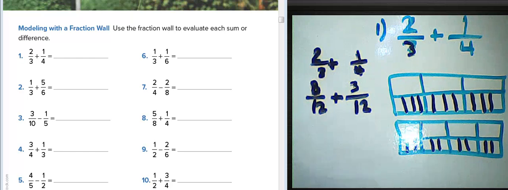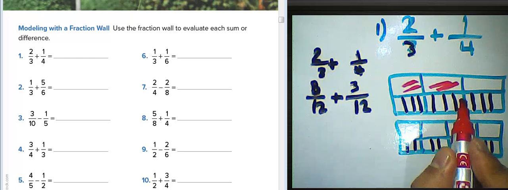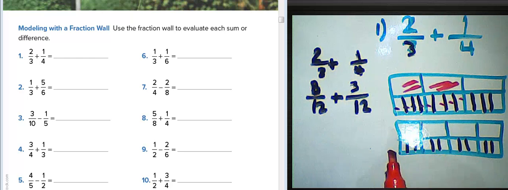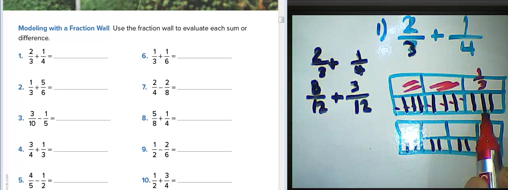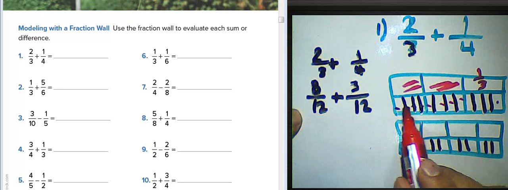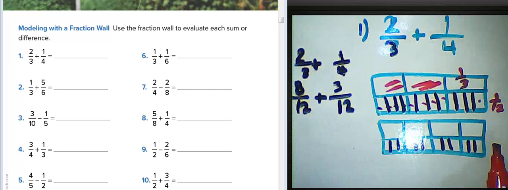And then we must color what? 8 from 12. Here for 2 over 3, we color this part and this part and this part. Inside each part here is 1 over 12.